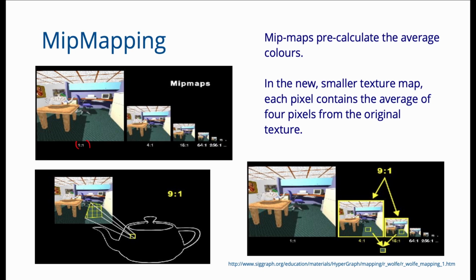For example, what I can do is create an image that is half of this image in every dimension. So I halve the width and I halve the height, such that 4 pixels of the original image are averaged to give 1 pixel in a lower resolution image. From 1024 cross 1024, I get an image that is 512 cross 512. I have averaged 4 pixels here to get 1 pixel here.